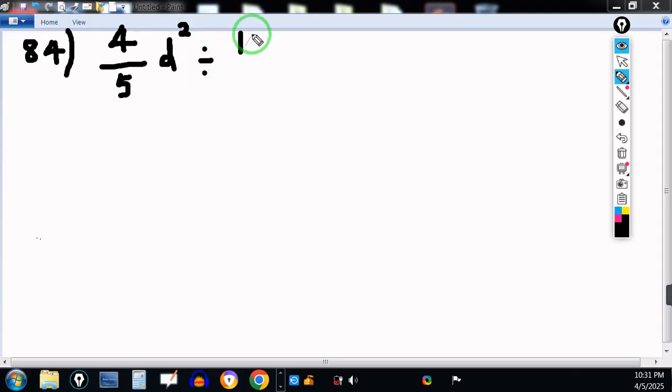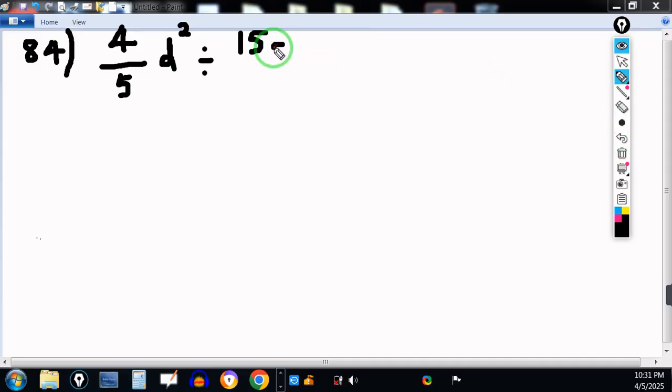I didn't read that. I have to read again. No, it's not 15/4. Sorry, allow me to rectify that. It's divided by 15 d to the power of 4.